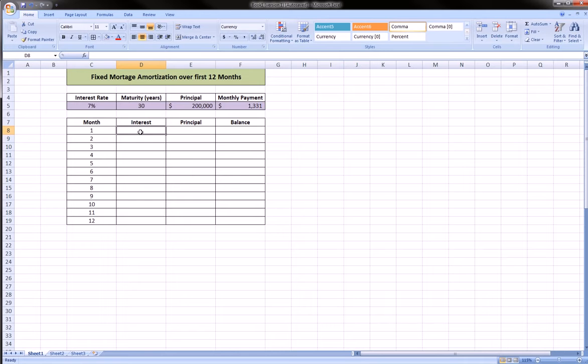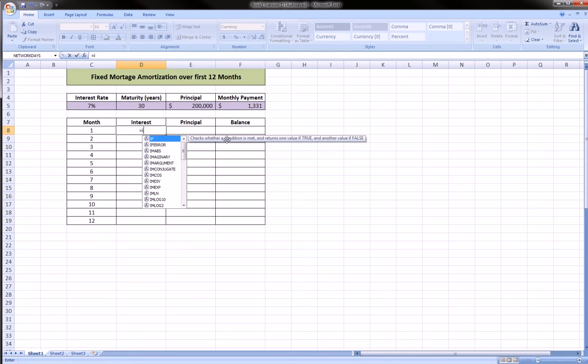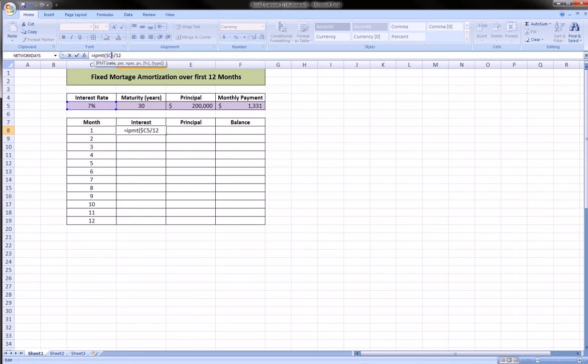Okay, so to calculate the interest payment portion of the loan, the function is equals IPMT, and the inputs are very similar. We're going to take the interest rate, divide it by 12, and we're going to put dollar signs around the reference to the interest rate because we're going to make that an absolute reference, comma, the period, which is the first month, and we just click on that, comma, we leave that as a relative reference, by the way.